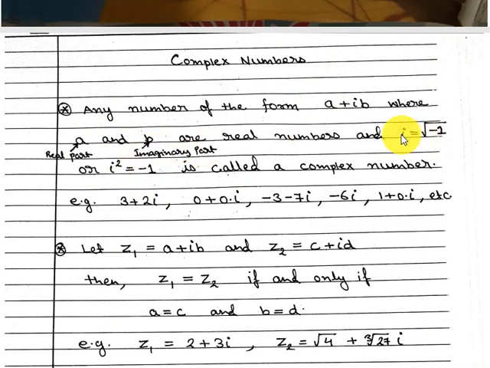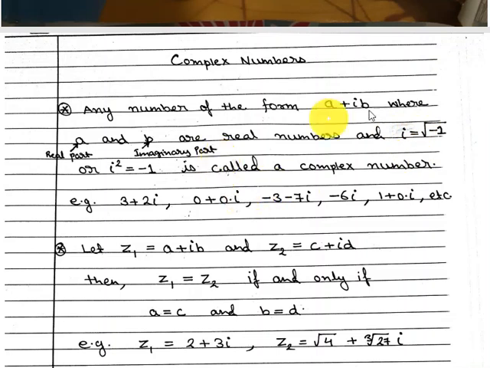And i is equal to the square root of -1, or you can say that i square is equal to -1. Why? Because if you square both sides, then you get i square is equal to -1.